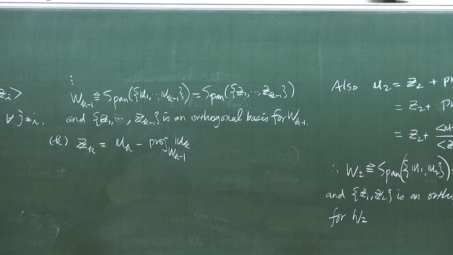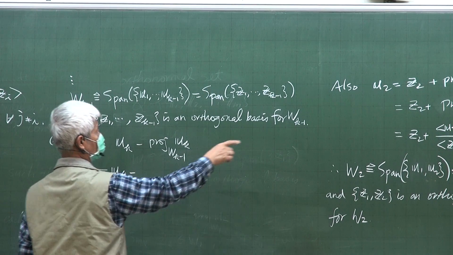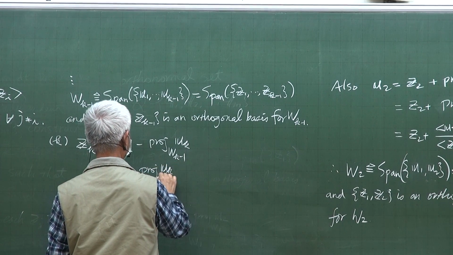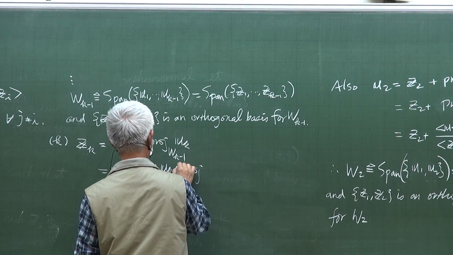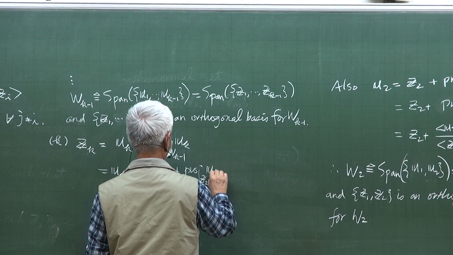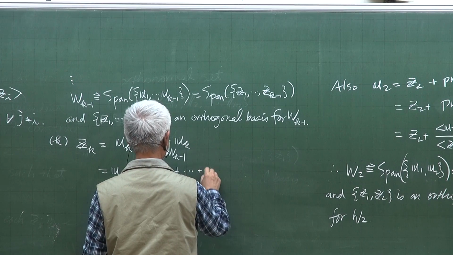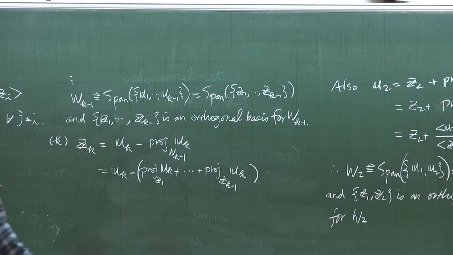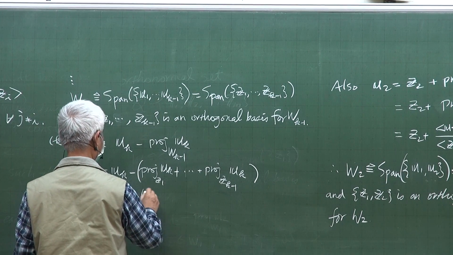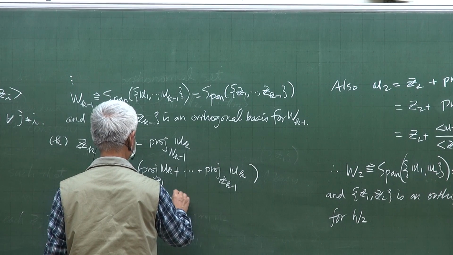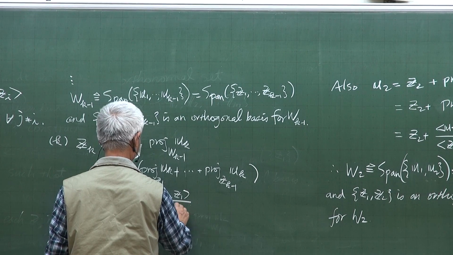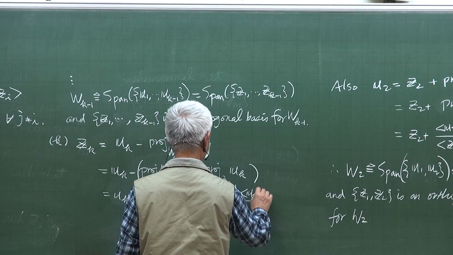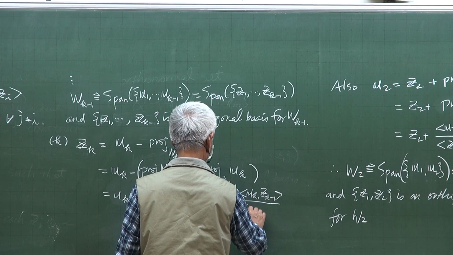And from our previous theorem, this is uk minus the projection of uk onto z1, minus the projection of uk onto z2, up to minus the projection of uk onto z k minus 1.